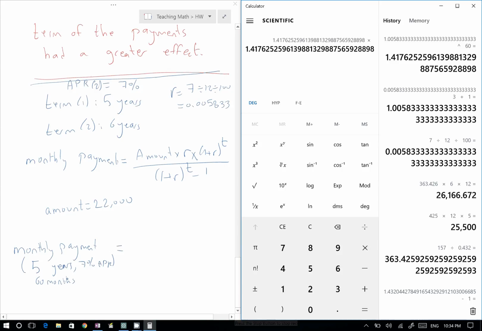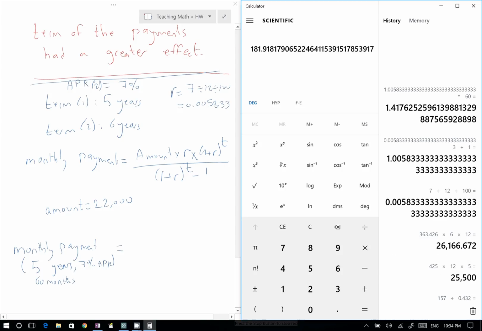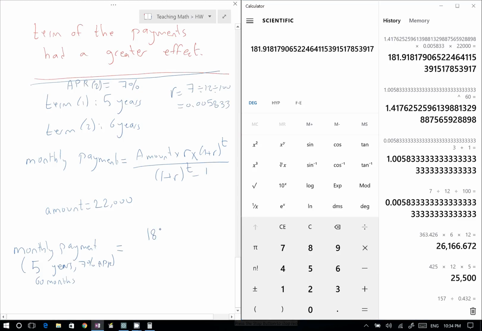Multiplied by R, 0.0058333, multiplied by amount 22,000, 181.92. I'm approximating.